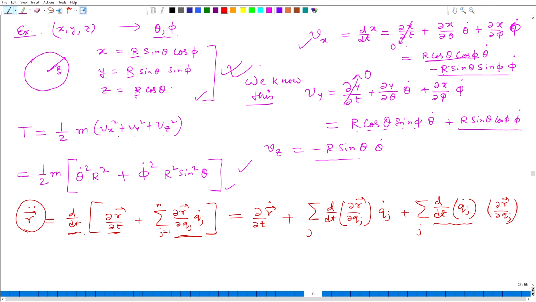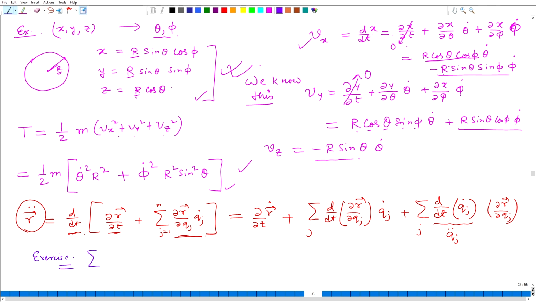Now, this is nothing but q j double dot. Okay. So, if you do everything completely, finally, one should derive this expression which I write and I want you to do. So, this is an exercise to do.